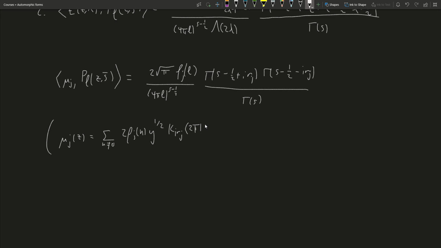And then you have the usual Whittaker function, 2 pi n y, e of nx. So this is the normalization I'm using, and with this normalization, this is the inner product you get.